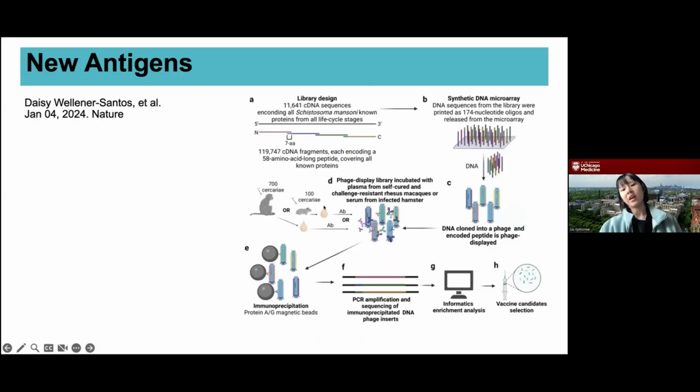At the same time, they also infected macaques and hamsters with these infectious schistosomes so that their sera contain a lot of antibodies. When they mix them together, you can see exactly which antigen is bound to which antibody.